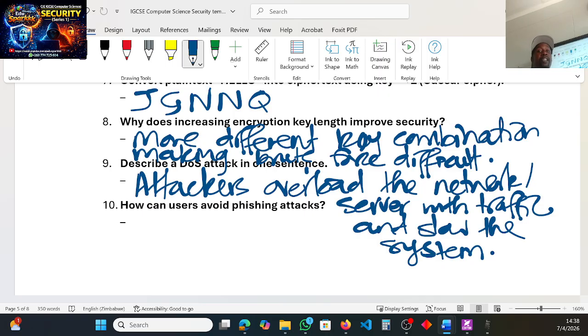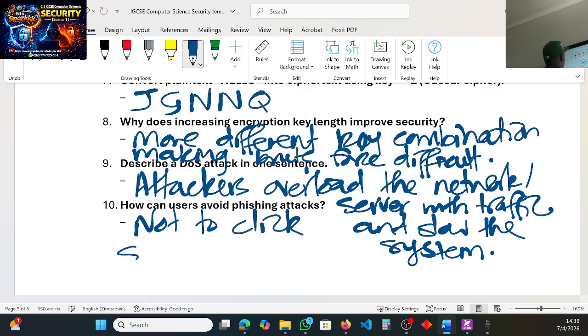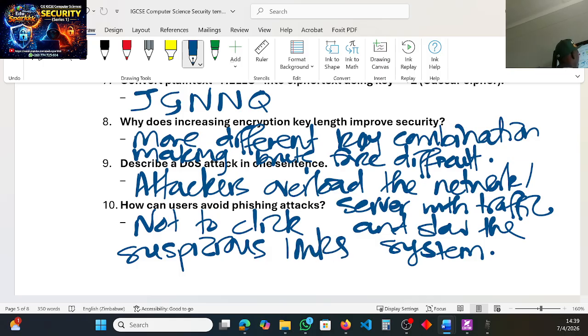Then how can users avoid phishing? With phishing, you are given some spam mails which are luring you to open them. Because the moment you click, they redirect you to a wrong website, or they give you questions to provide sensitive information. So the best way is not to click suspicious links or websites, because these are likely to direct you to wrong sites.